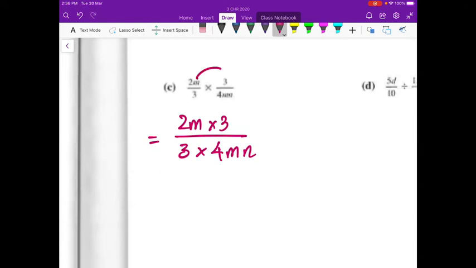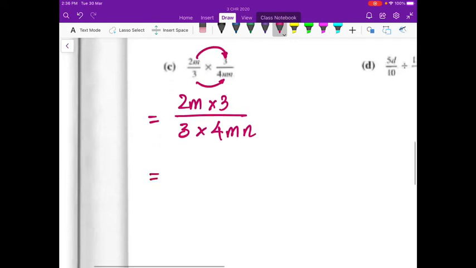Numerator times numerator, denominator times denominator. Okay, now at this step, anything to cancel or not? M and m cancel. Any more? 3 and 3. Any more? 2 and 4. So become 2. Answer. 1 over 2.